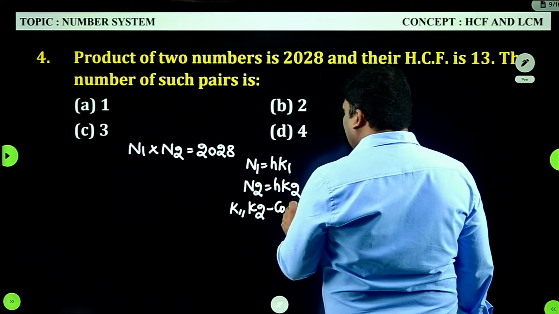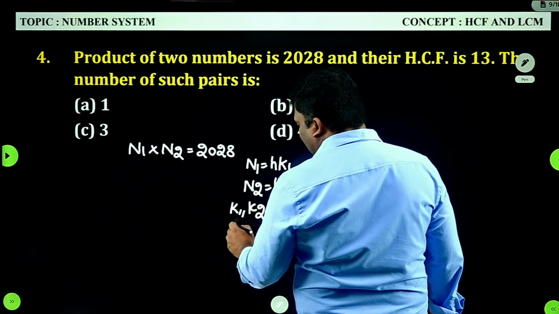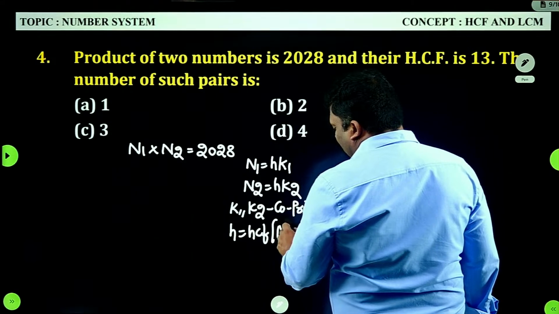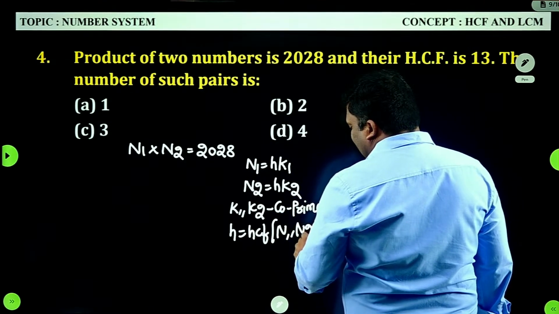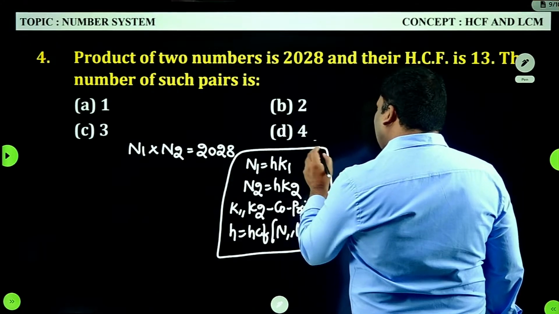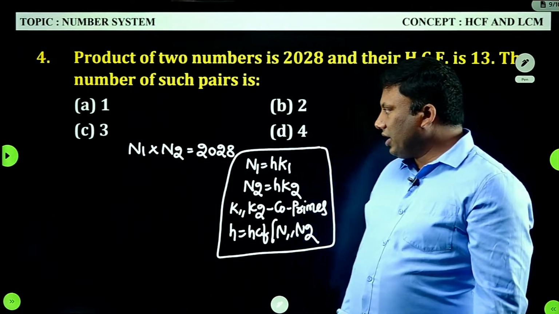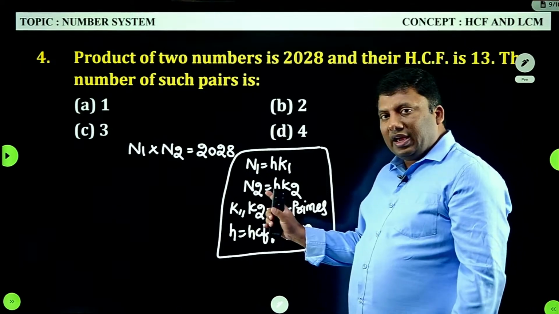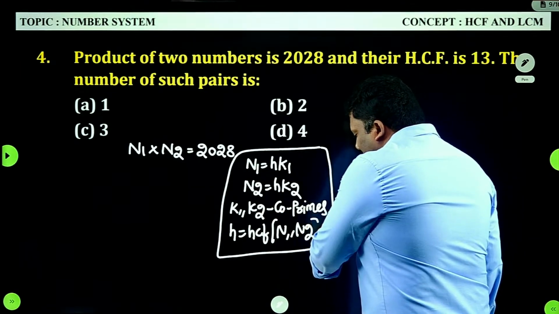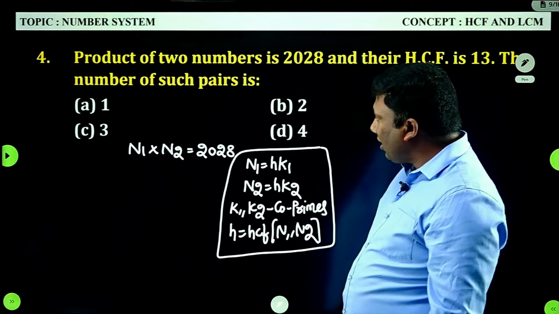Two numbers are said to be co-prime if their HCF is 1. H is the HCF of n1 and n2.